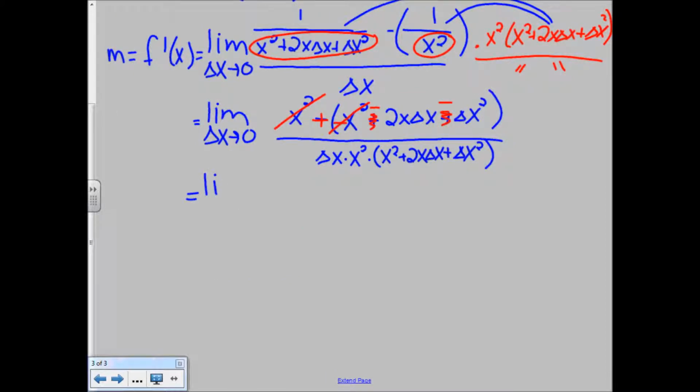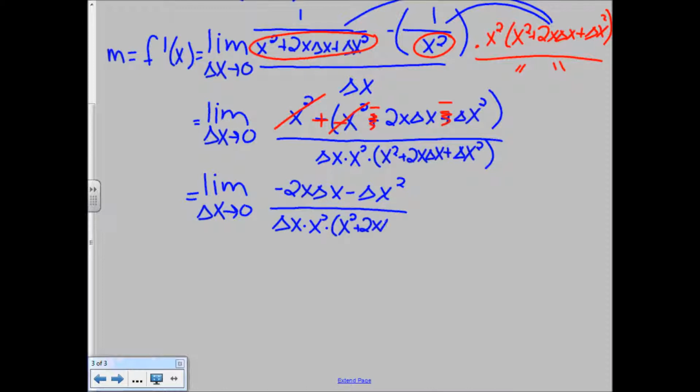So we're going to get the limit as delta x goes to 0 of negative 2x delta x minus delta x squared all over delta x times x squared times x squared plus 2x delta x plus delta x squared.